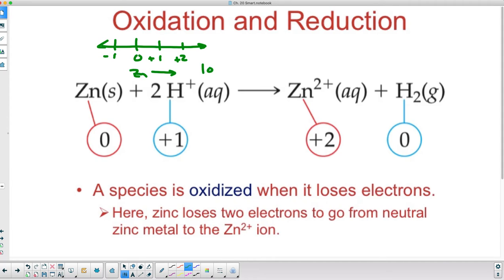That is losing electrons, which means it's getting more positive. So oxidation is getting more positive. So zinc loses 2 electrons. It goes from neutral, or an oxidation number of 0, to a +2 ion.